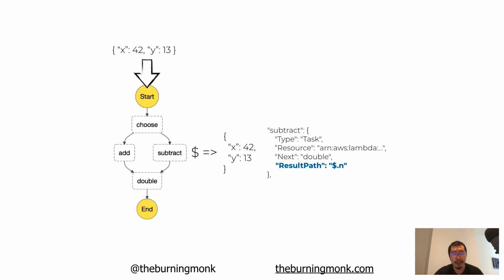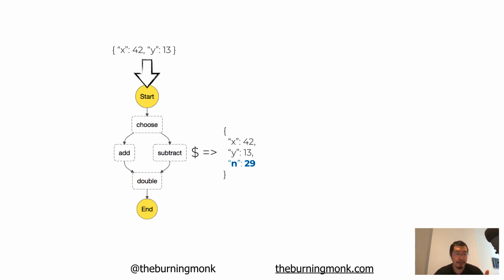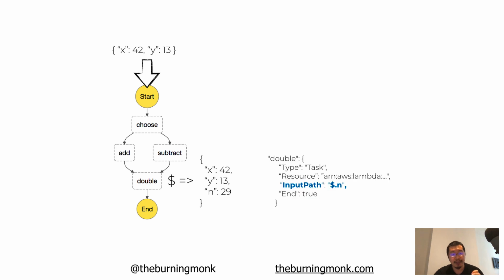What we could do in this case, if we don't want to override the entire input, so overriding x and y, is to say, please take the output from this state and put it into another attribute. Let's put it into an attribute called n, so that when our function finishes and the state comes back, it takes the output from the function and puts it into an attribute called n on our input, which the whole thing is then passed as the input to the next step.